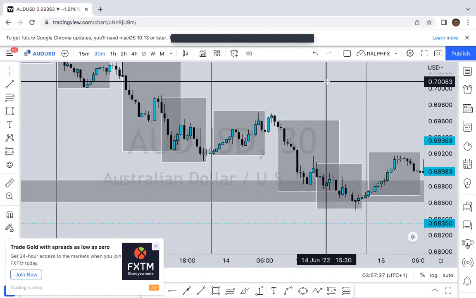So it just depends on the pairs, because you're trading a country's currency, and these countries have their own special hours where their stock markets are very active, based on time zones. But for us here in Nigeria, we have a very good correlation with the London time zone.